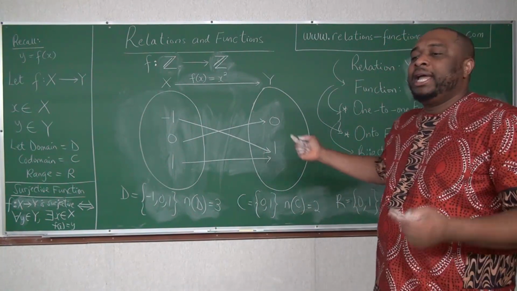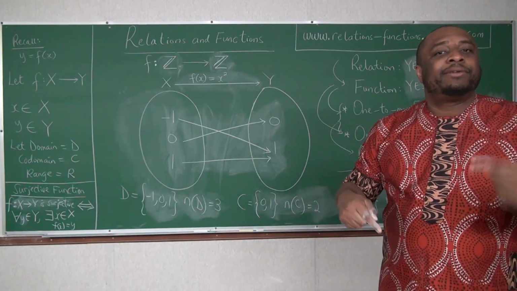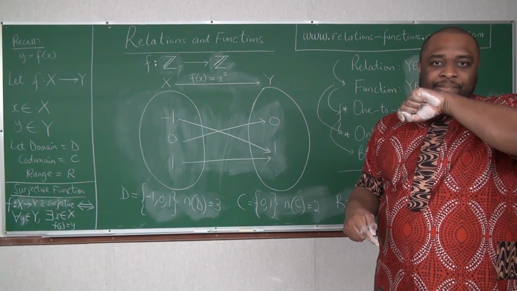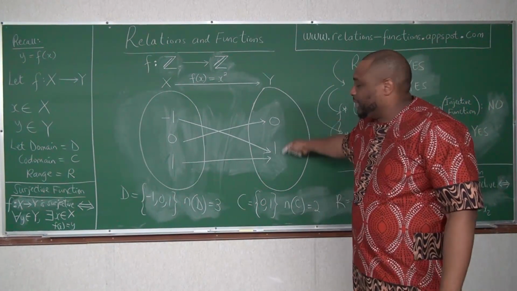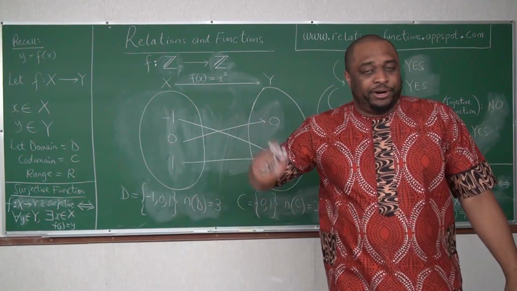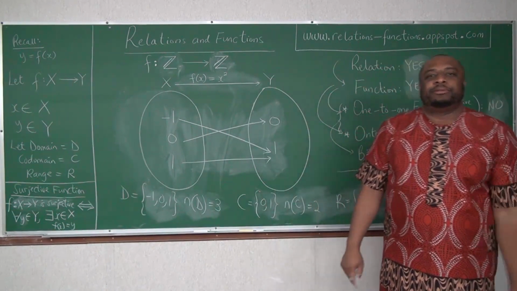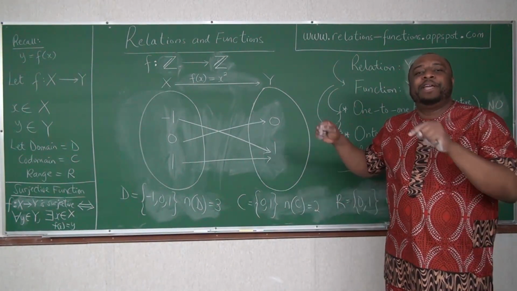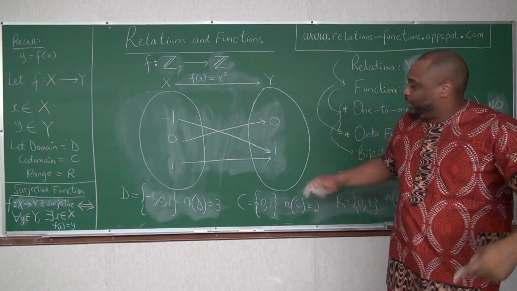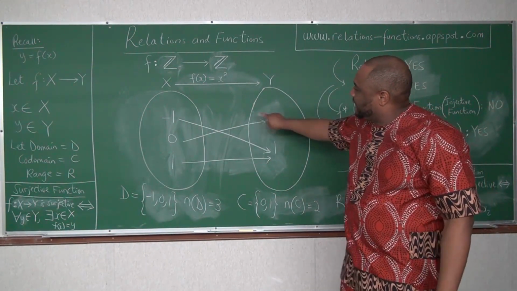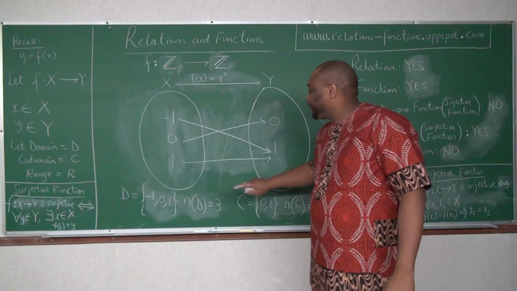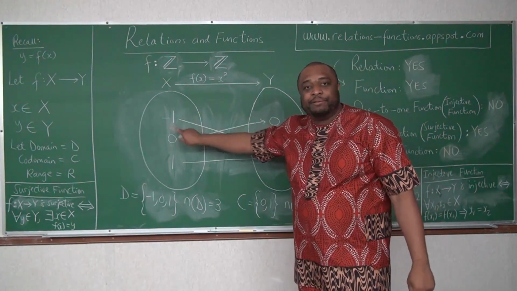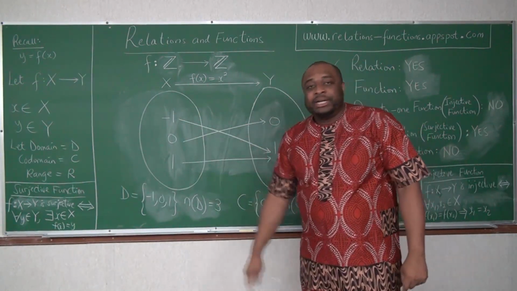So you can say every human is created by God. So every human is an image of God. That is an onto function. There you go, very good example. Every human is an image, because this is an image. 0 is an image of 0. 1 is an image of -1. 1 is an image of 1.